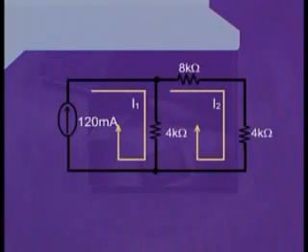Now, if we consider mesh 1, which is dealing with the current of unknown value I1, then we can clearly see that the current through mesh 1 is directly the exact value of the current source which is attached into this circuit. Therefore, we can easily write I1 is equal to 120 milliamperes.